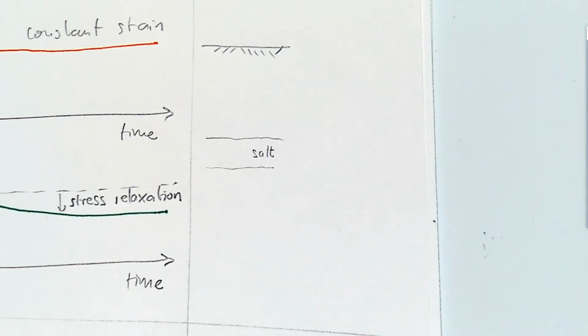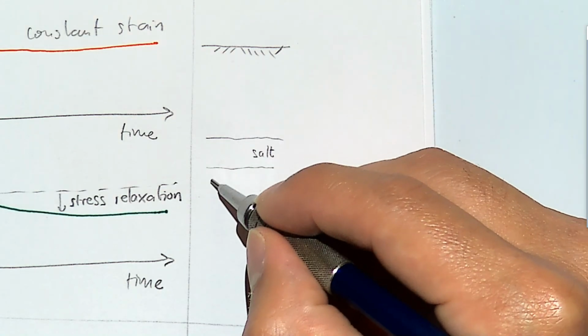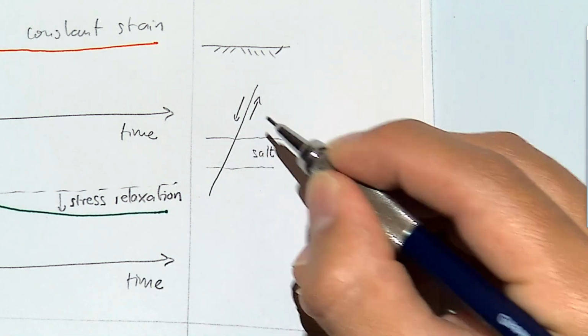But let's say that, with time, you manage to get here, you have an extensional regime, and you manage to get a normal fault.